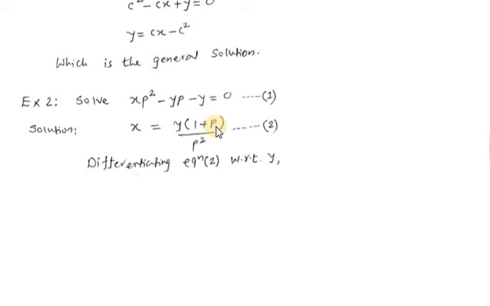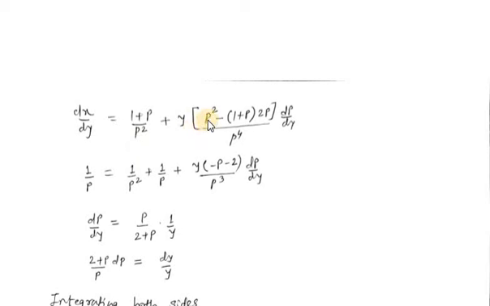So we will apply divide rule of differentiation. So p square will be as it is into differentiation of 1 plus p with respect to y. So derivative of 1 is 0, plus derivative of p with respect to y, so we will be having dp by dy.